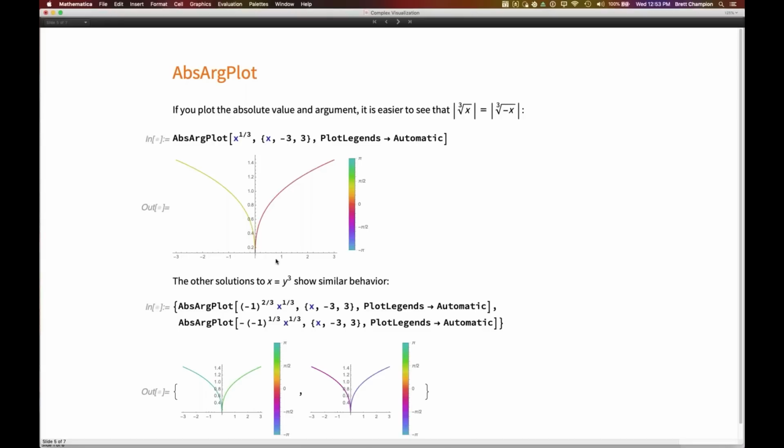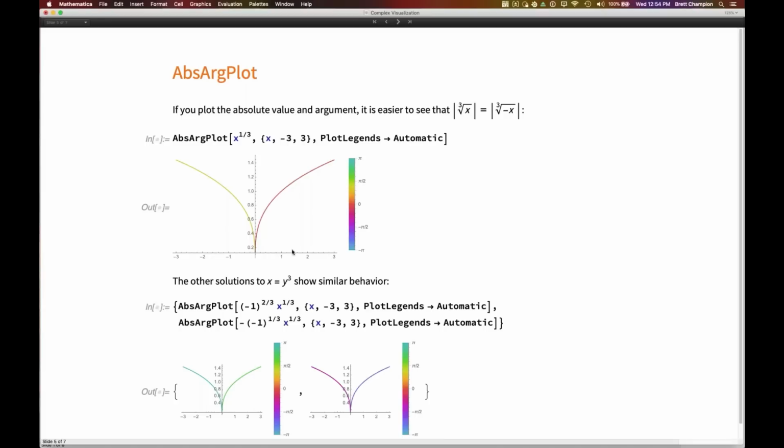And the other thing that this shows, and this happens a lot, and coming up with examples where it doesn't happen takes a little bit of work, is that each of these sections is its own color, and it's a constant color. What that means is the color here is encoding the argument. So red corresponds to 0, and this yellowish corresponds to pi/3.